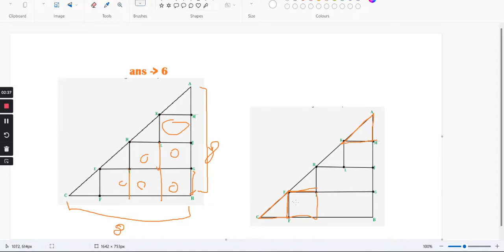For whatever may be the base of the triangle, you can have something like this, when no squares can be formed, or you can have something like this, when you have a base such that you can form one square, and this is that one square.